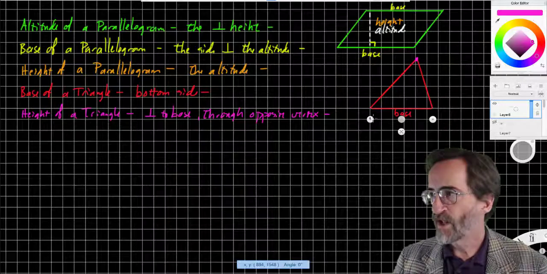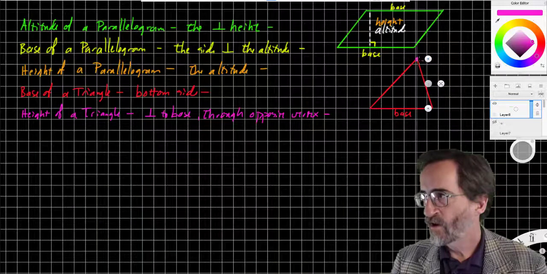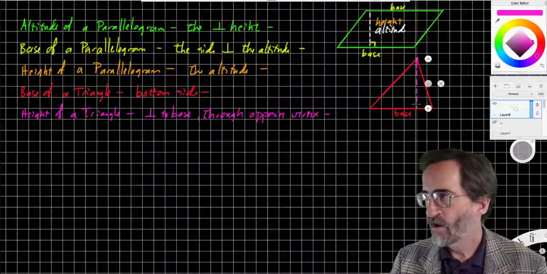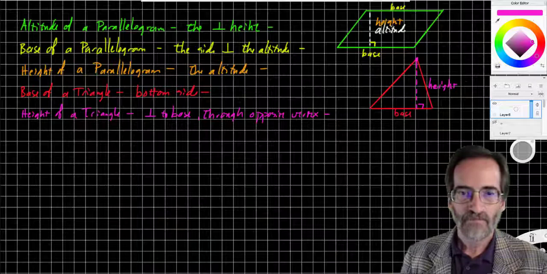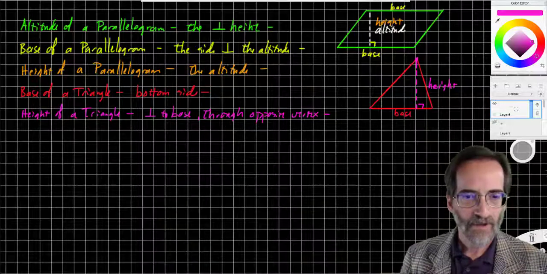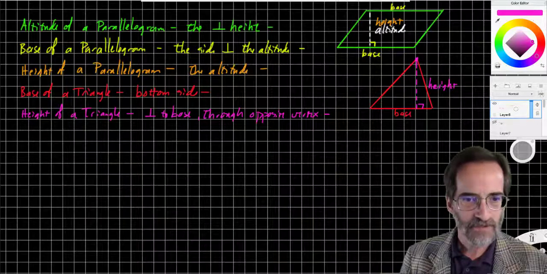It's also called the altitude of a triangle here. This is the height. Okay. Height of a triangle. I believe that is it. Base of a triangle, height of a triangle.